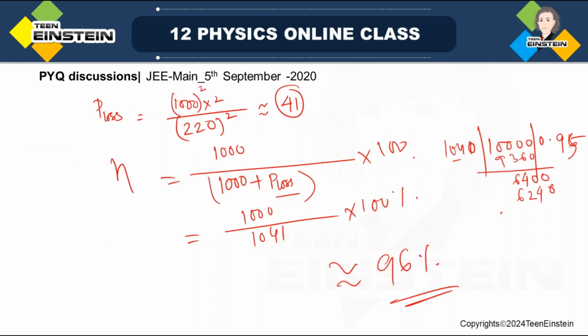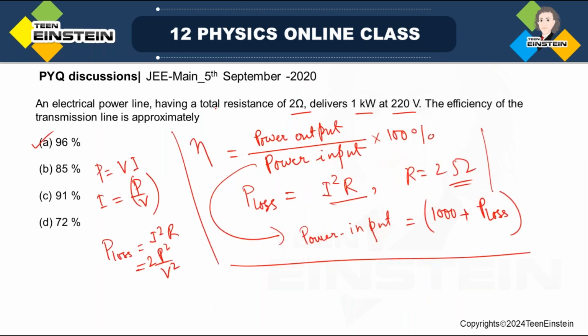You have to do it with a very quick calculation. But I'll tell you the turning point for this problem. In each problem there is a turning point where you might be lost. So while solving, you need to see that this line has this much resistance, so there will be power loss obviously.